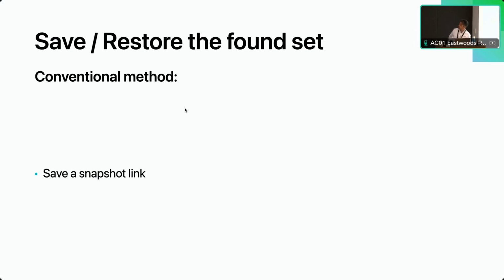However, it saves a file, like a snapshot link document, somewhere, and then reproduces the saved state by opening that file. So it is not possible to save the found set freely in the flow of the user's operation and return to it when you want. In fact, I tried to do it using this function, but it didn't work very well.